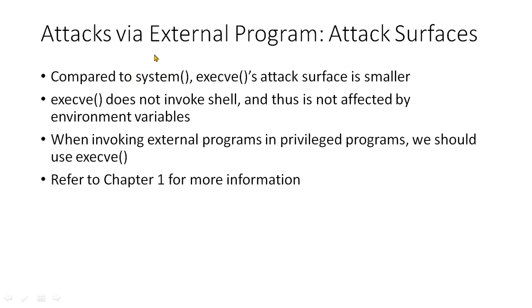So the attacker can change a variable in the parent process, and it becomes an environment variable of the child process. But with execv, we can specify which environment variables will be passed to the new process. That's why it is safer.